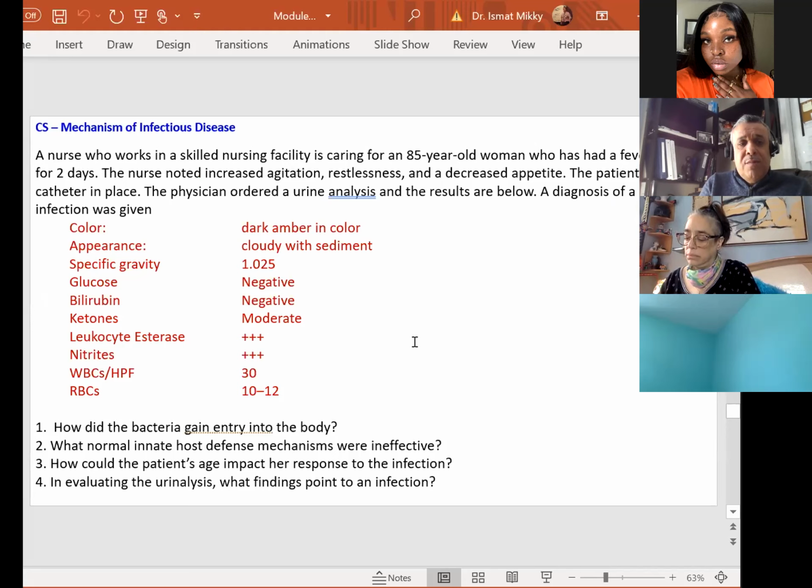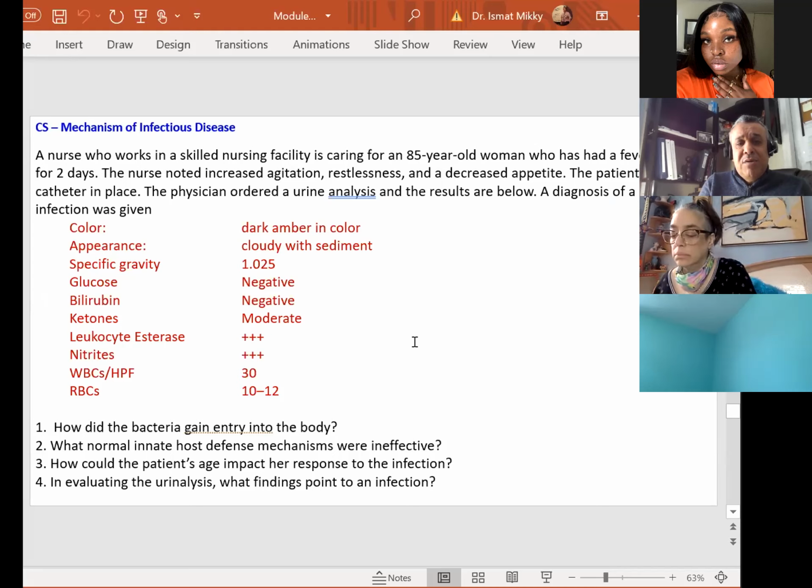This one is not a CNS, sorry, this is just a urinalysis, a UA we call it.